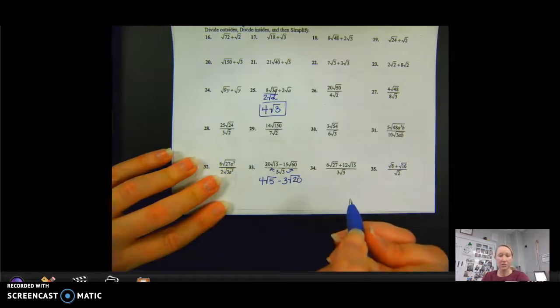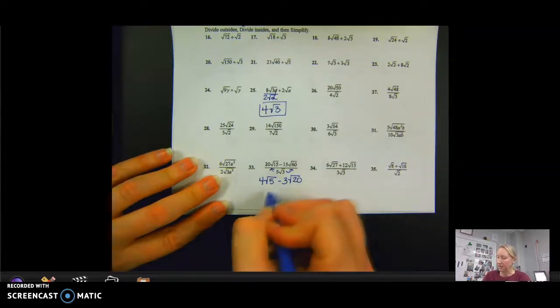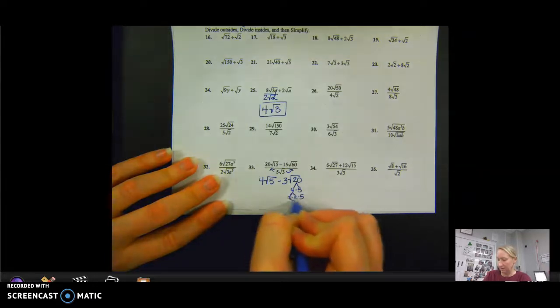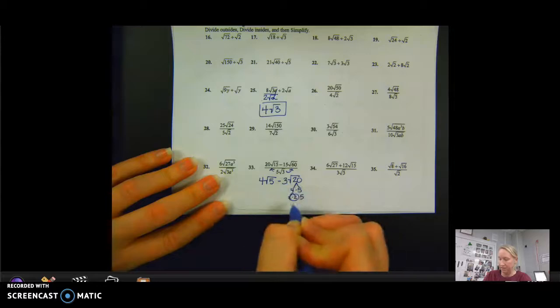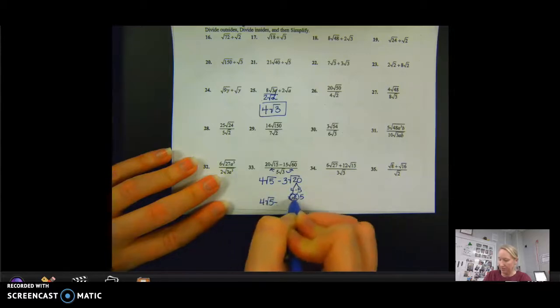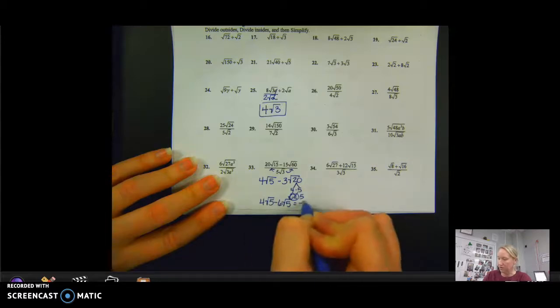Then it's a subtraction problem like we've done already. So I cannot break 5 down, but I can break 20 down into 4 times 5. That breaks down to 2 times 2 times 5. So bring my 2's out. 2 times 3 is 6, so that's gone. So I have 4 square roots of 5 minus the 2 times the 3 is 6 square roots of 5. That would give me negative 2 square roots of 5.